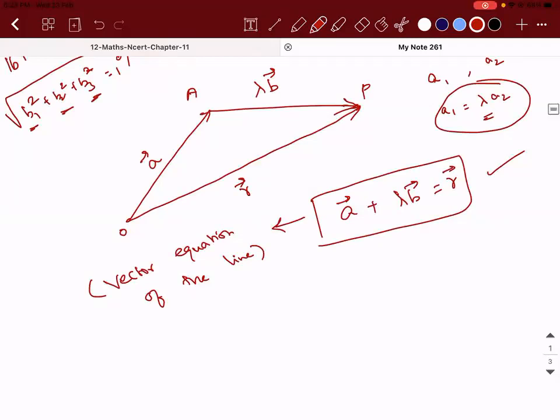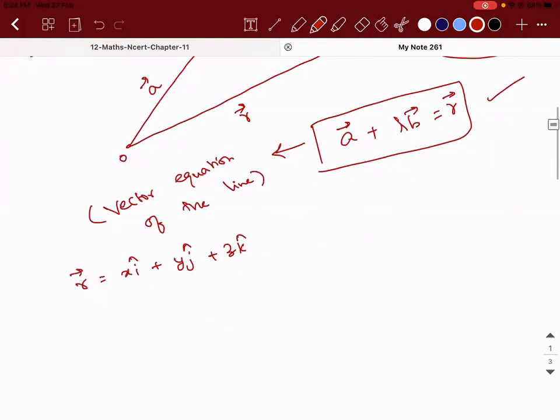Now, if I have to write R vector, can I write it as x i cap plus y j cap plus z k cap? And if I have to write A vector, can I write it as x1 i cap plus x2 j cap plus x3 k cap, and B vector as a i cap plus b j cap plus c k cap?